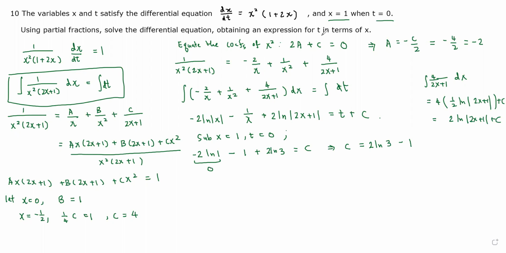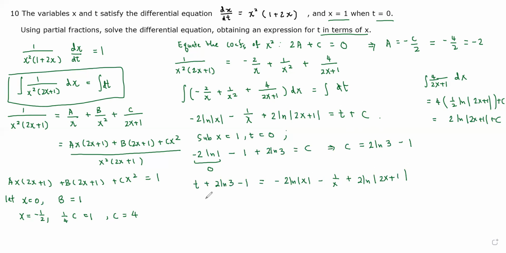We need to express t in terms of x. So we write t plus c on the left, so that t plus 2 log 3 minus 1 equals negative 2 log x minus 1 over x plus 2 log 2x plus 1.